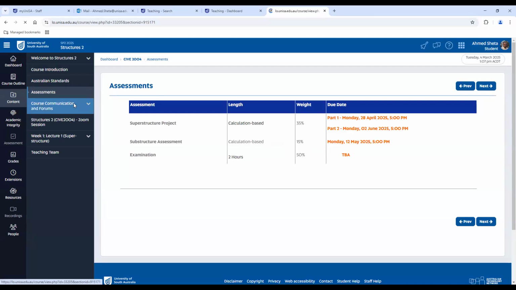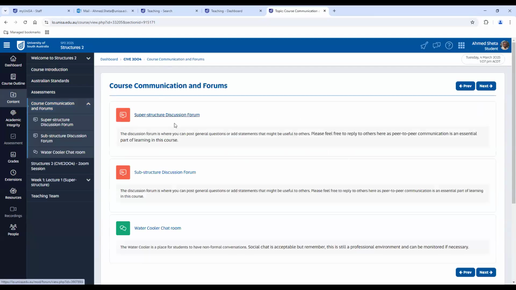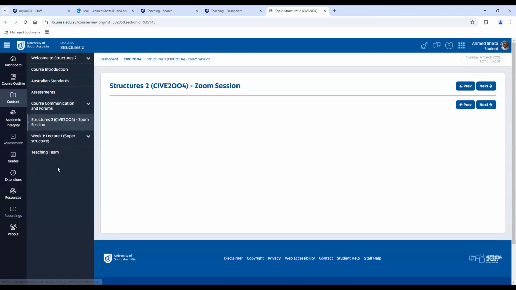Here in this section, you can find some forums to discuss your queries. If you have any queries about superstructure, you can post them here. If you have any query about substructure, you can post it here. And here is the Zoom session.